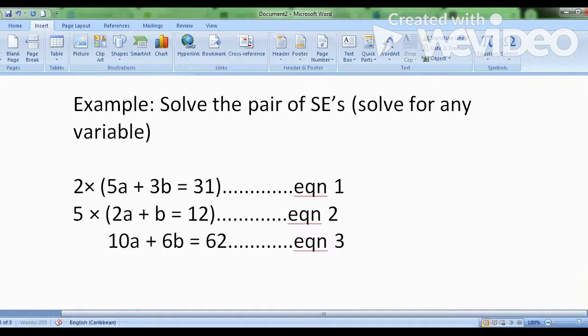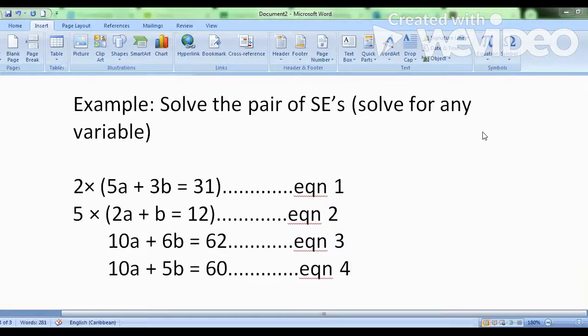What's the bottom one? 10A, 5B equals 60. And this will be equation 4.